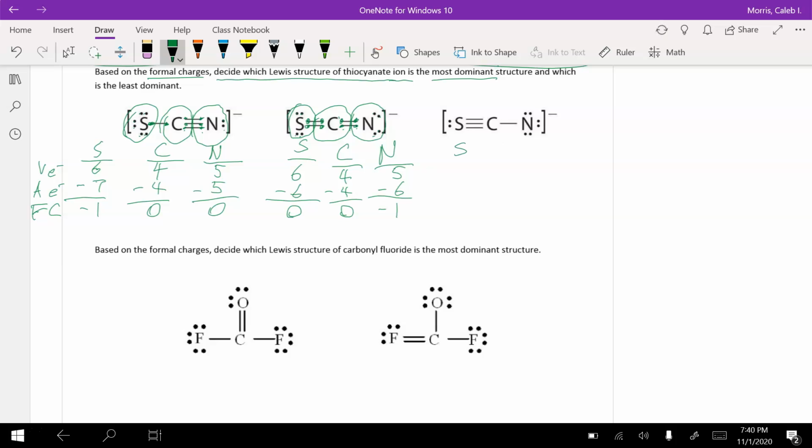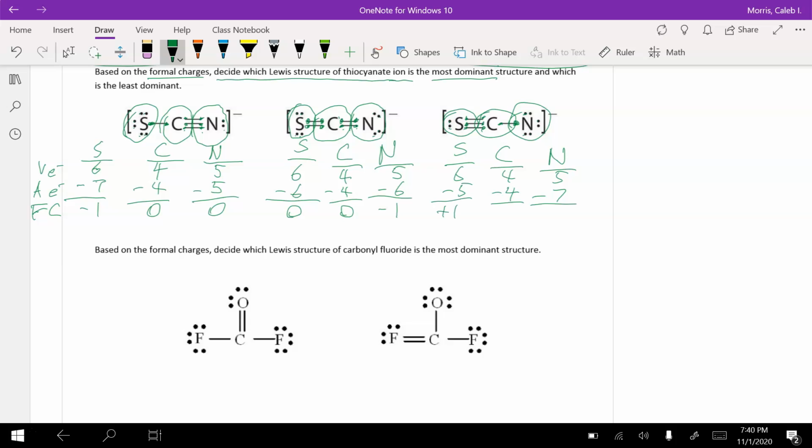So let's check this. Sulfur, carbon, nitrogen, 6, 4, and 5. 1, 2, 3, 4, 5, 6. Then 7 for nitrogen. 1, 2, 3, 4 for carbon. And 1, 2, 3, 4, 5 for sulfur.